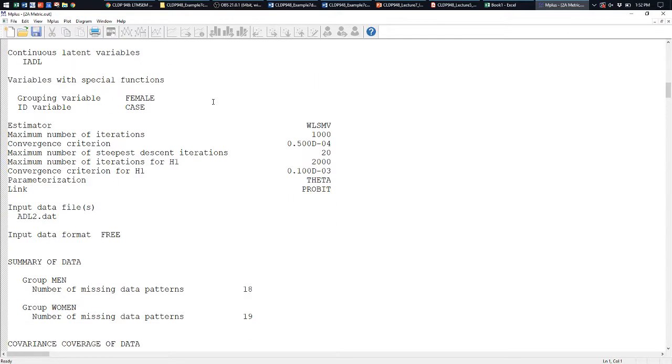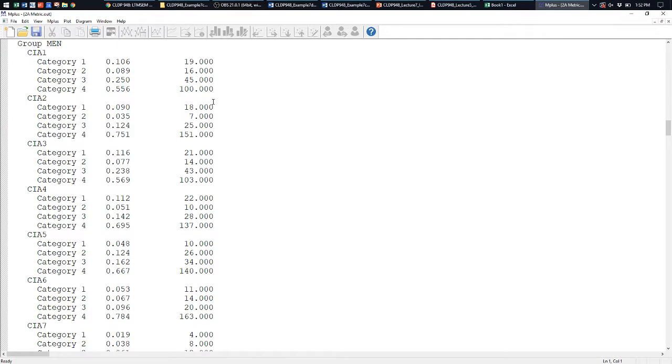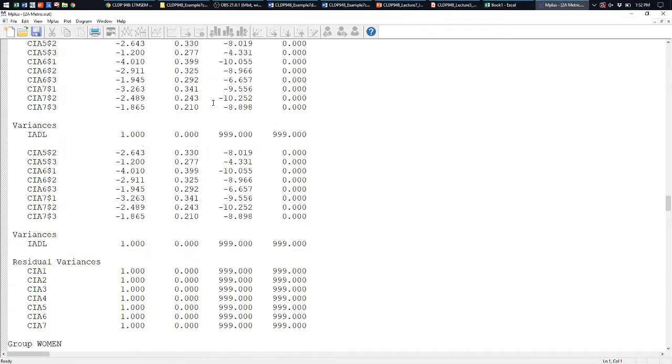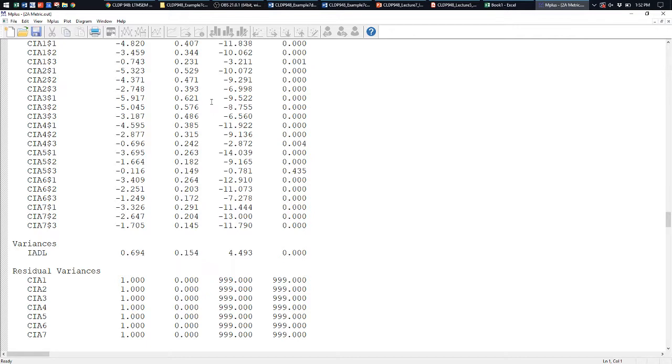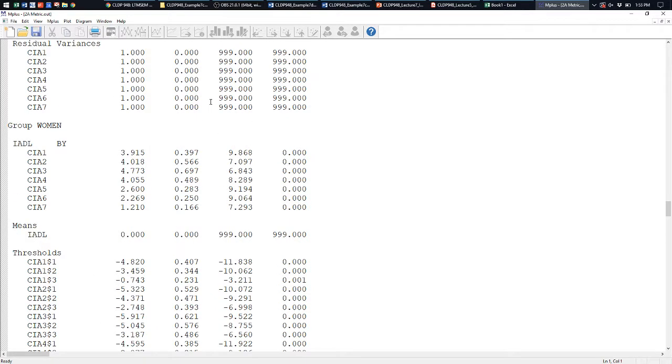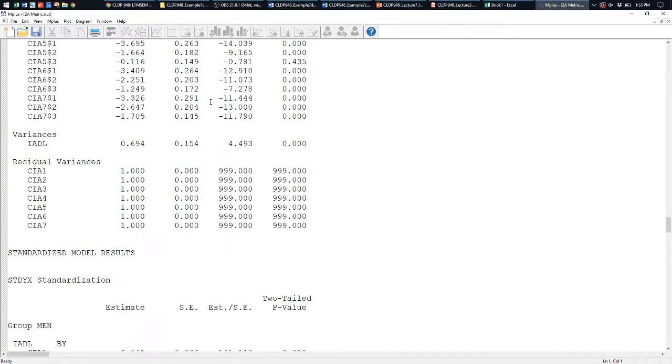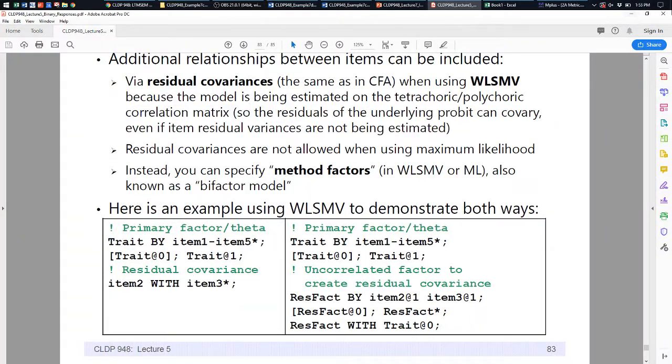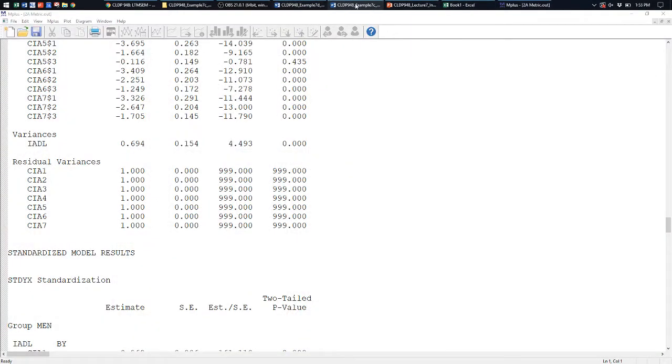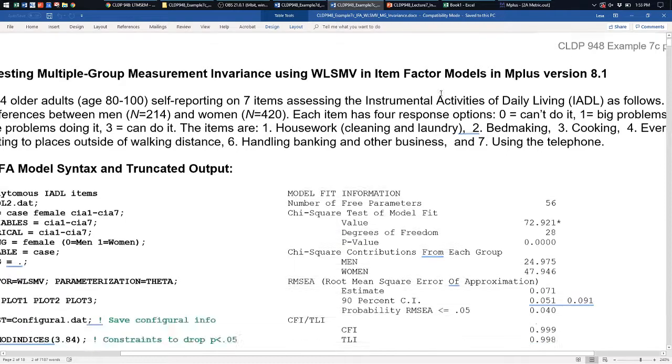So in the A model, where all the loadings are forced to be the same, the residual variance is still 0.69. So stated differently, close that out of the way. I've got too many windows open here.